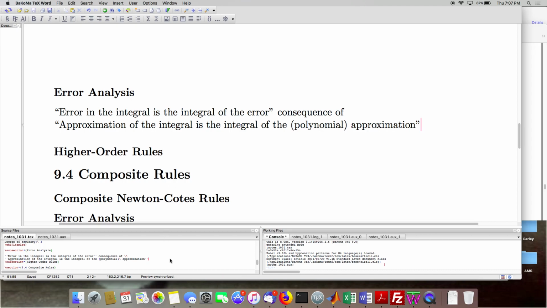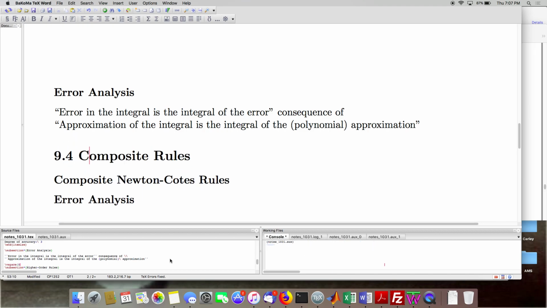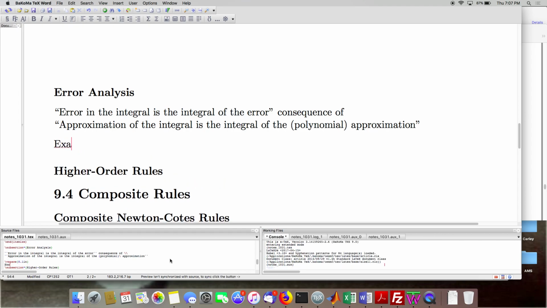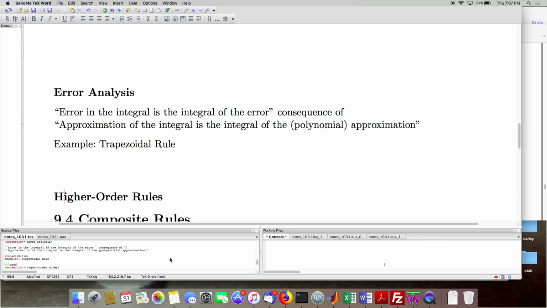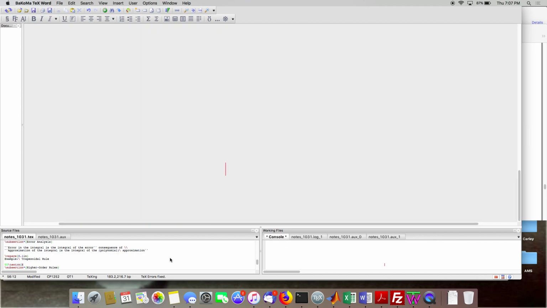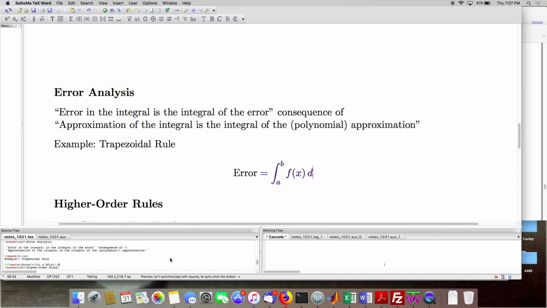So as an example, the trapezoidal rule. The error is equal to the exact integral minus the approximation.